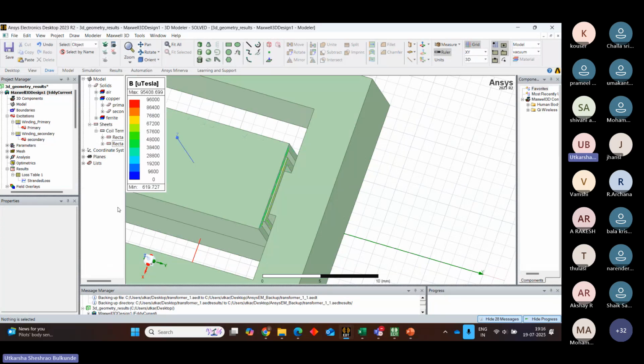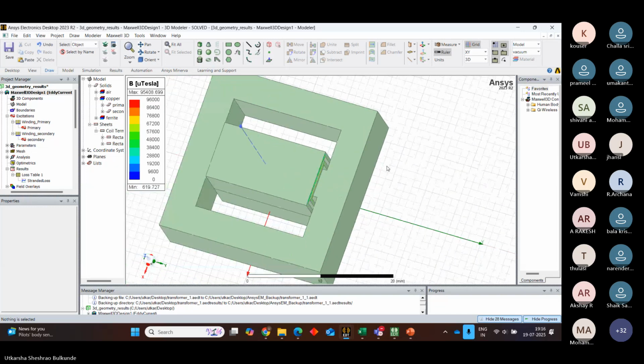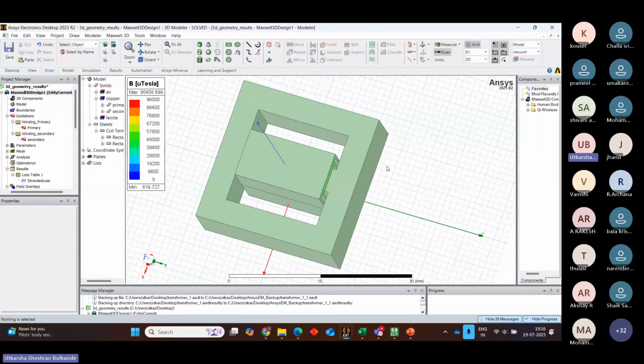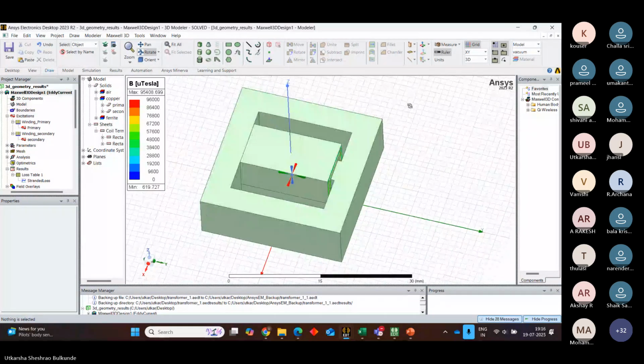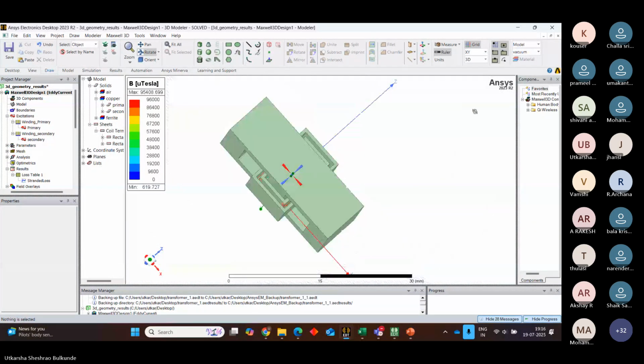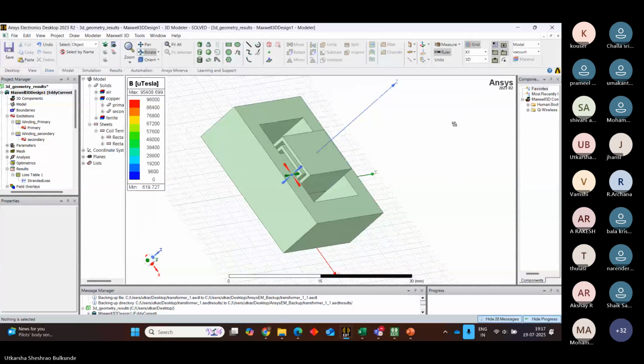Can we use the same option here also? Hmm? Tell me now. Can we use the same option here? Yes or no?